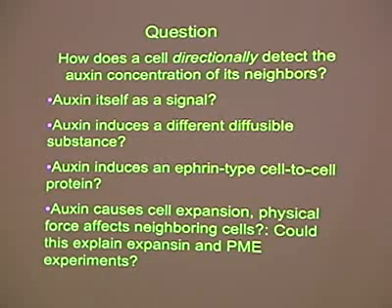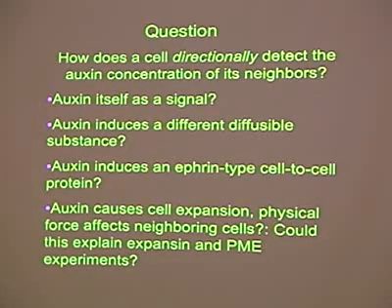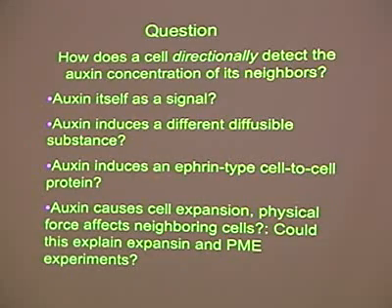So auxin, which loosens cell walls, creates this effect, but auxin also has a very specific receptor system. Other things that loosen or tighten cell walls also affect the phyllotactic pattern, but they're not hormones, and they don't have specific receptor systems for sure. And so it would seem that, as Cris Kuhlemeier put it in a recent review, there's a paradox here, which is that on the one hand, we'd like auxin to be doing this, but on the other hand, there are a lot of things that are not auxin that also do it, but they all have in common that they change the elasticity of cell walls.